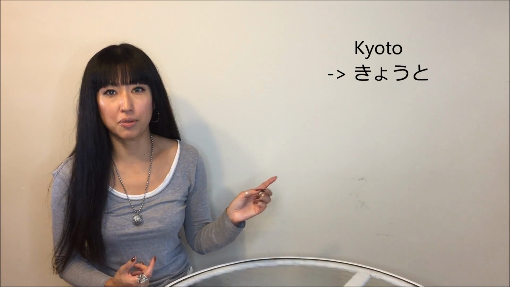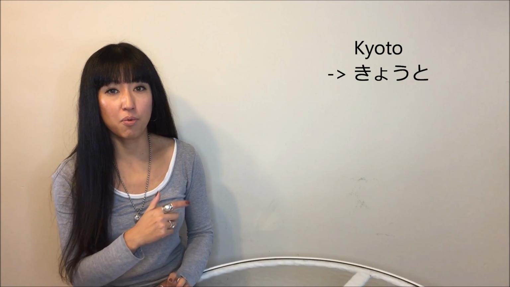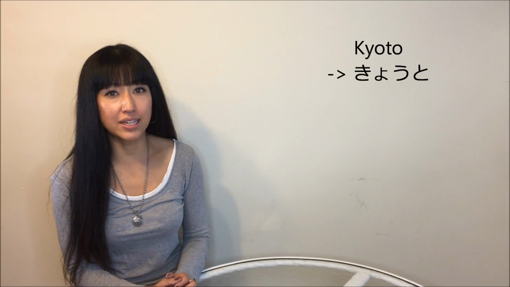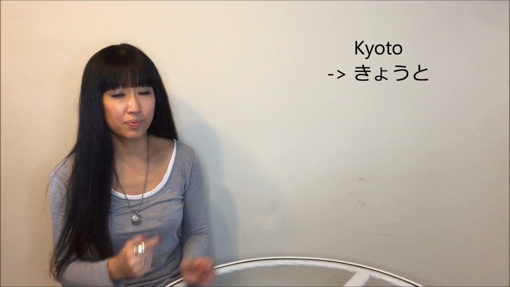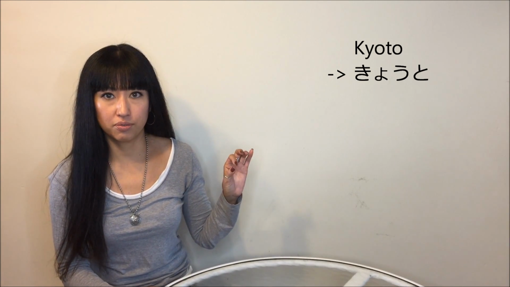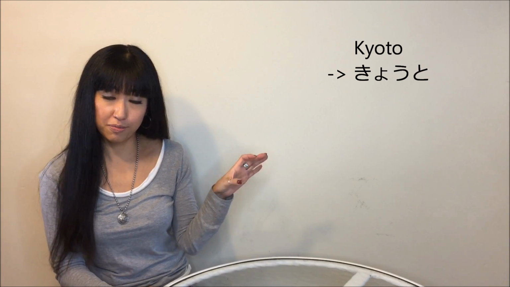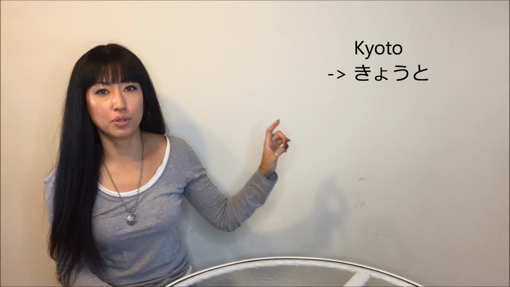Let's do this one: Kyoto, the oldest city in Japan. It has K-Y-O, right? Remember Y-O was yo. But this time, it's not Kiyoto, it's Kyoto. It's smaller, so we make it smaller. It's written like this.